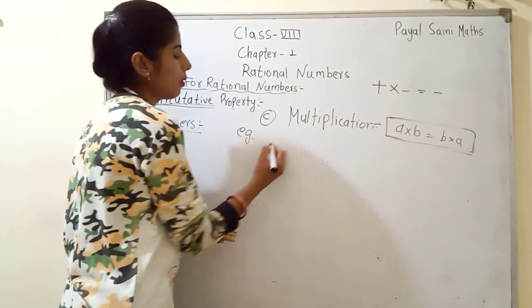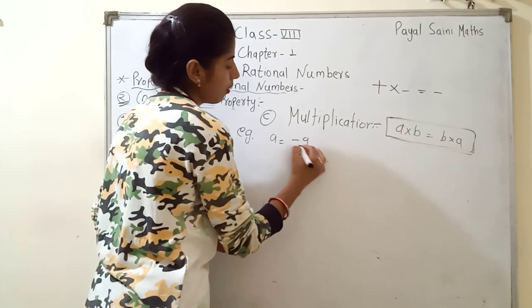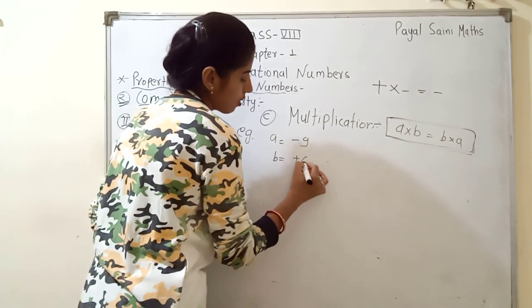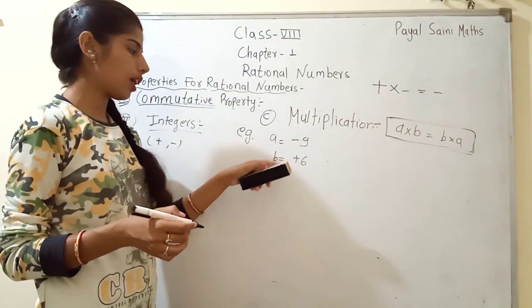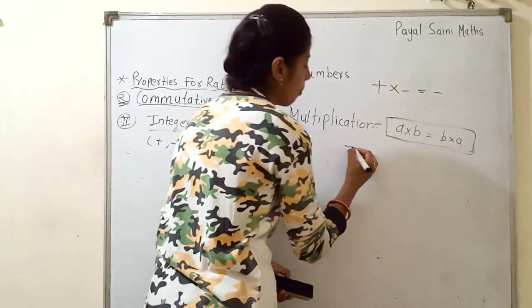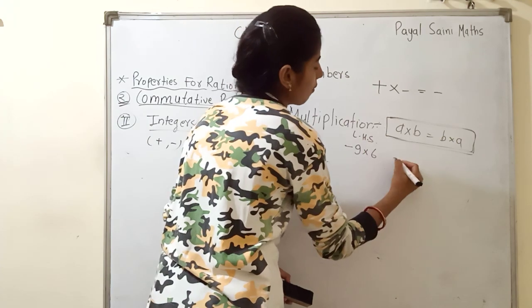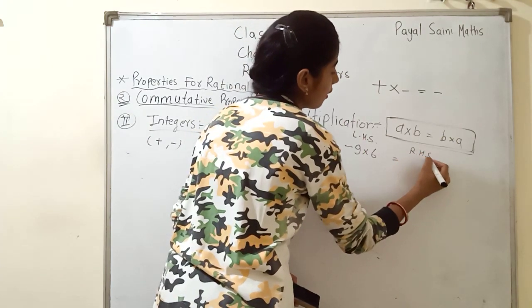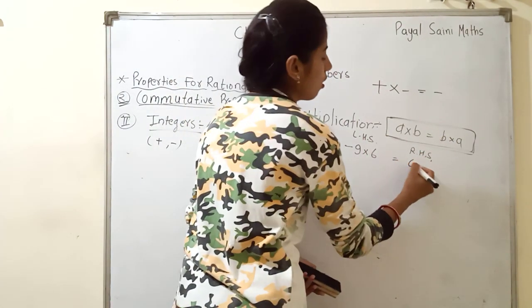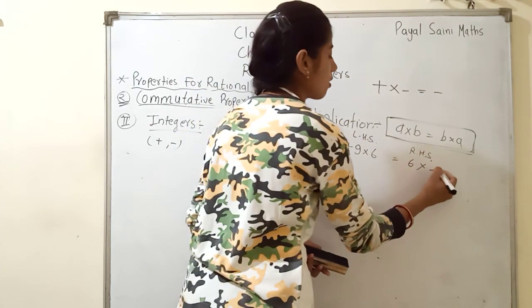I write here an example. A value is minus 9, B value is plus 6. Then minus 9 into 6 is the left side answer. And we write the right hand side answer: the B value we put first, and after that minus 9.